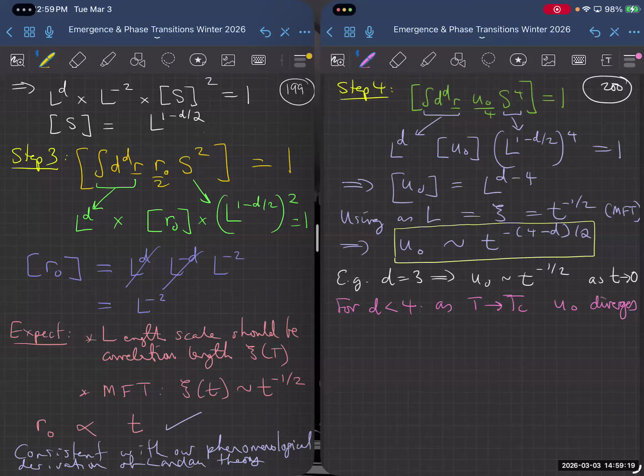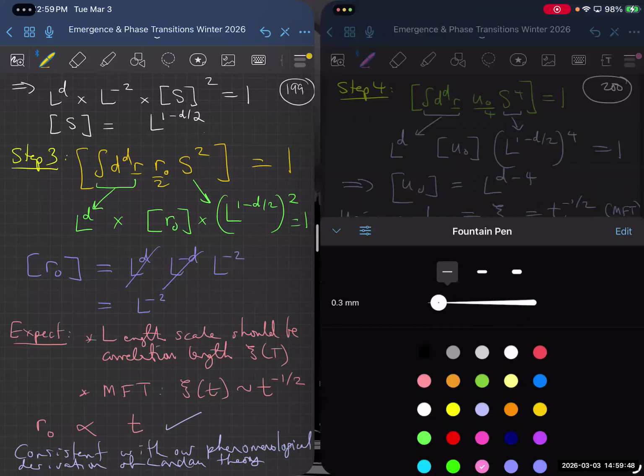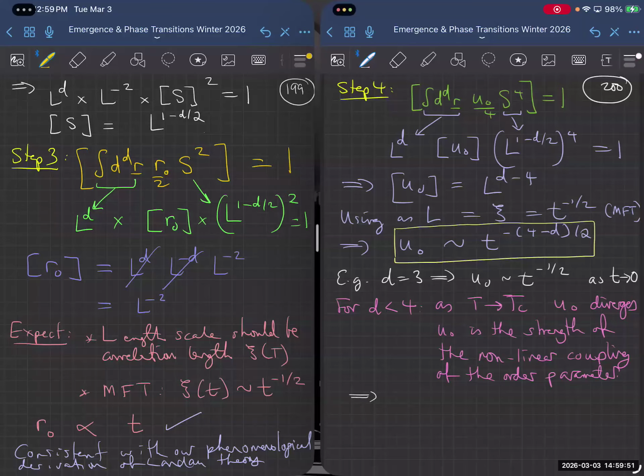And u naught is the coefficient, the strength of the nonlinear coupling of the order parameter with itself. And so what that means is that as d is less than 4, u naught goes to infinity.